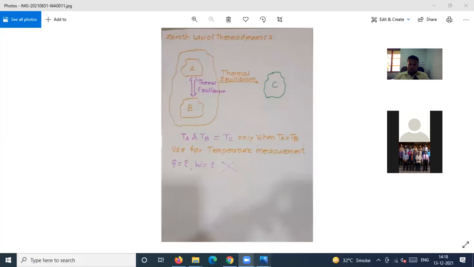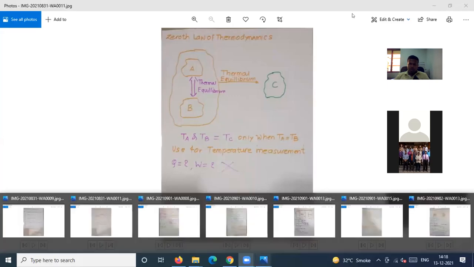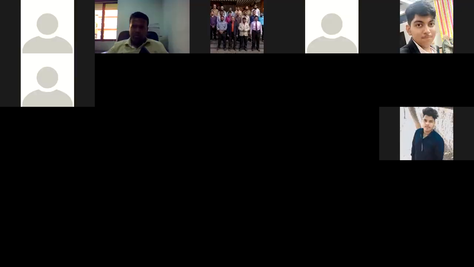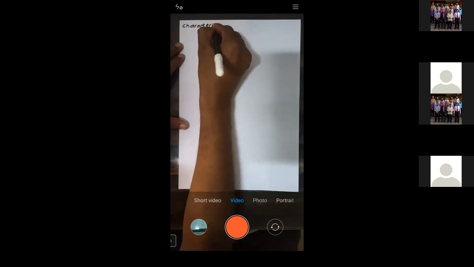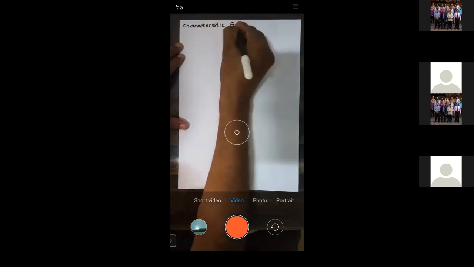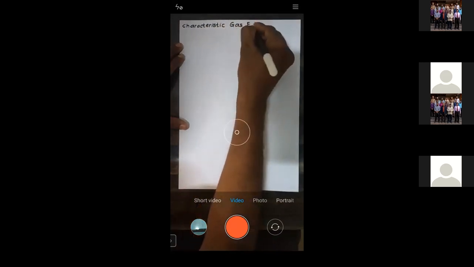Okay, so now let us start with the first concept: what is called the characteristic gas equation. This is very important.